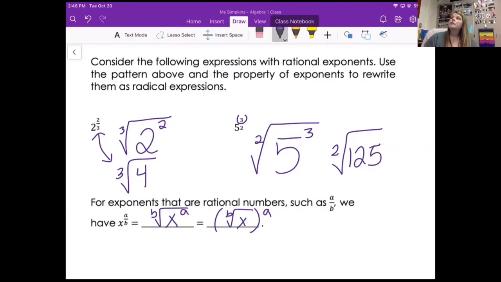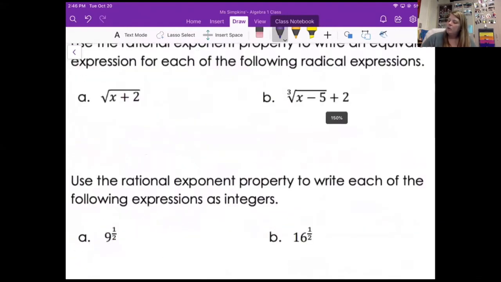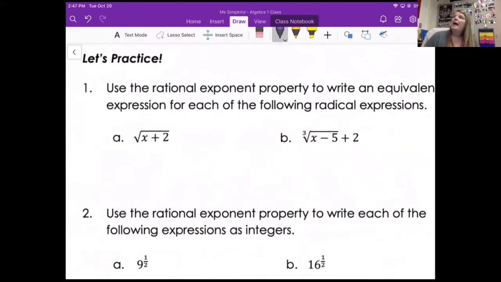So let's practice just rewriting some stuff from radical to exponent. So we've gone exponent to radical. Let's write from radical to exponent. So I have the square root of x plus 2. So I'm going to write parentheses x plus 2. And instead of writing a square root, I want to write an exponent. So how could I write the square root as an exponent?